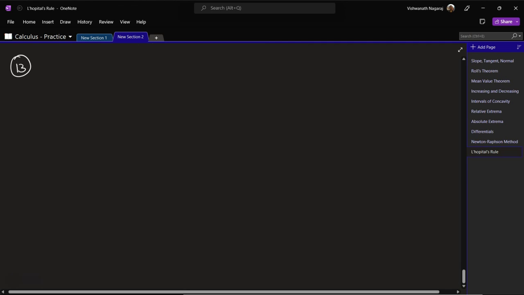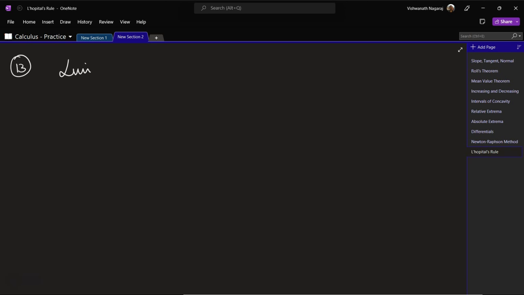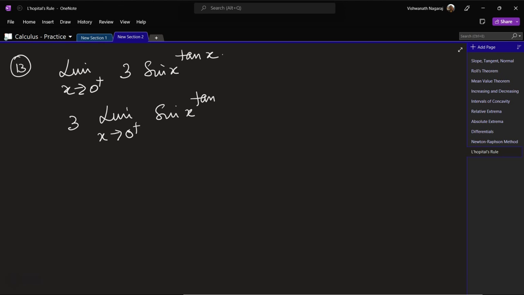13th one. Now this is a little bit more challenging. So limit as x approaches 0 from the positive side of 3 sine x to the power of tan x. Now we can always take 3 out. So limit as x approaches 0 of sine x to the power of tan x.